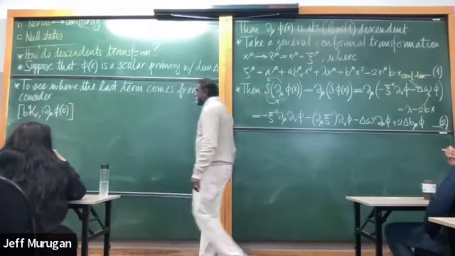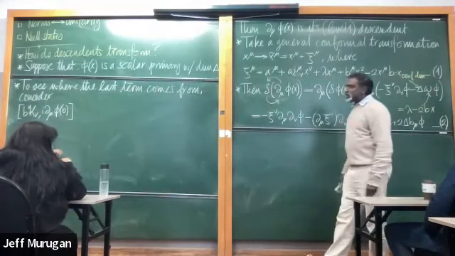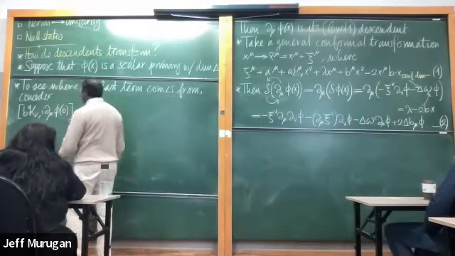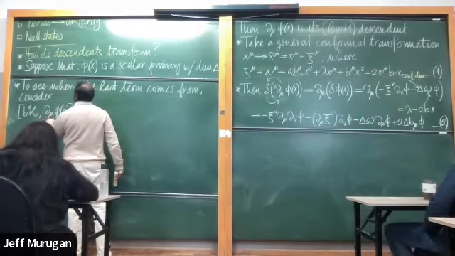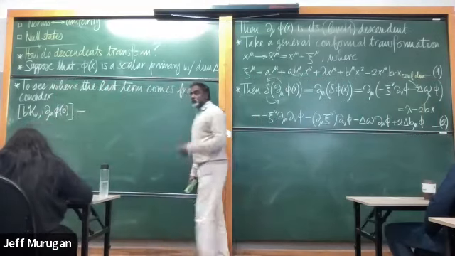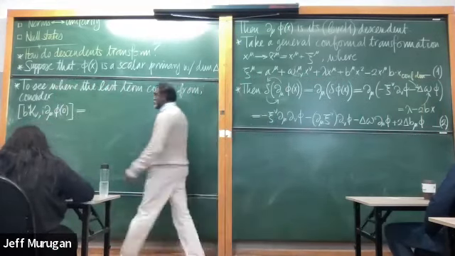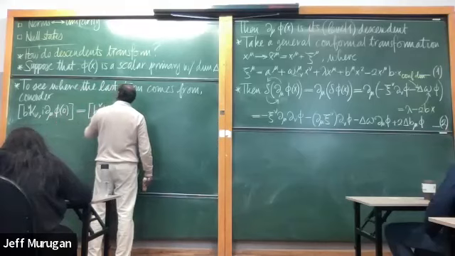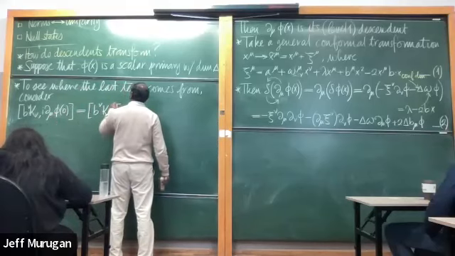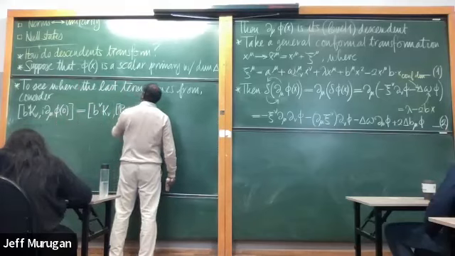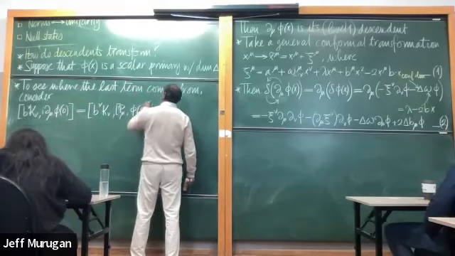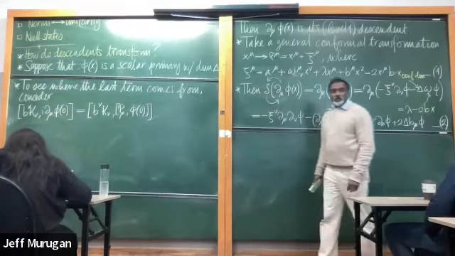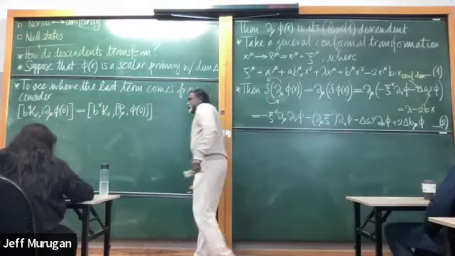So let's work out what the commutator then is between b nu K nu and i d mu phi at naught. I know that i d mu phi of naught is just the action of the P mu operator, so I can replace this thing with a commutator. So that's b nu K nu with the commutator of P mu and phi at naught. And then I can use the Jacobi identity to shuffle around commutators.